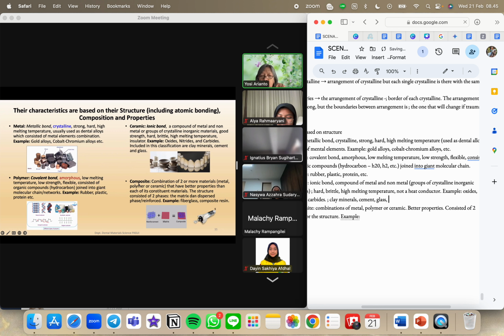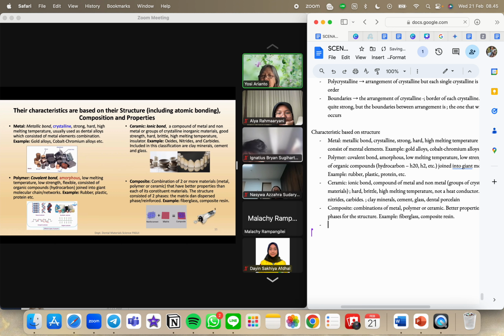And then the fourth group is usually the combination of 2 or more materials from metal, polymer, or ceramic. We combine these 2 or more materials, they have new properties that are better than each of its constituent materials. So the structure consists of 2 phases.